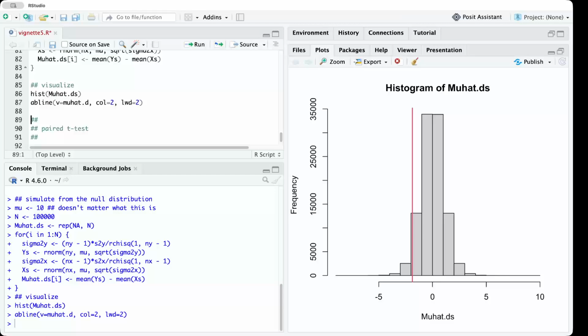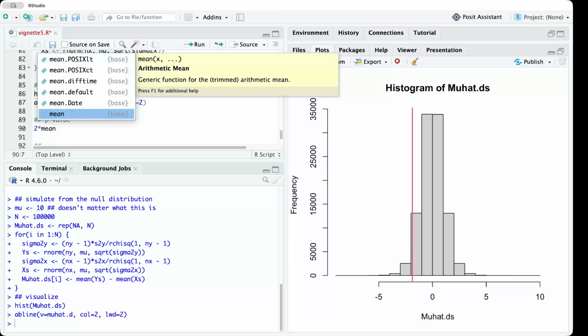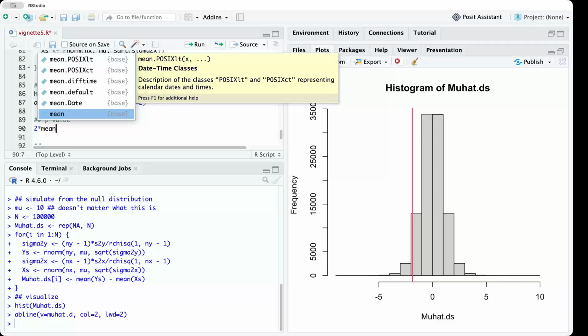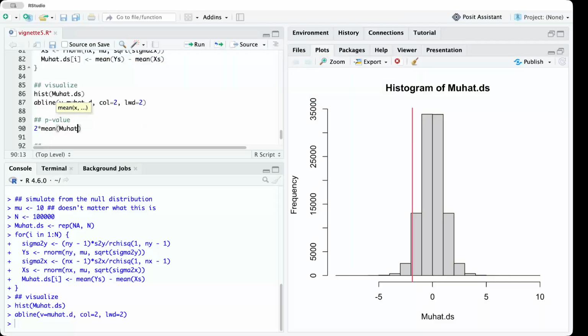To me, it looks kind of borderline. It's a little ways out into the left-hand tail. If I want to be precise with a p-value calculation, I can do 2 times mean of mu hat less than or equal to mu hat d.